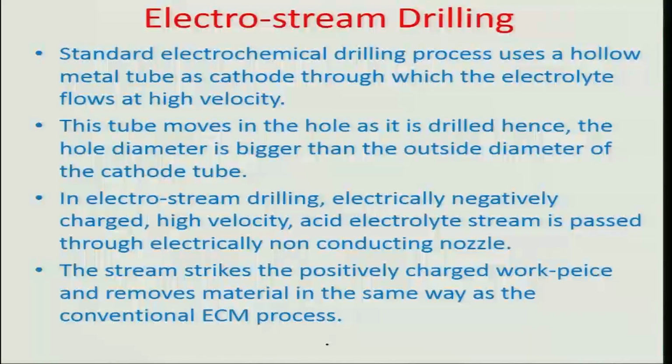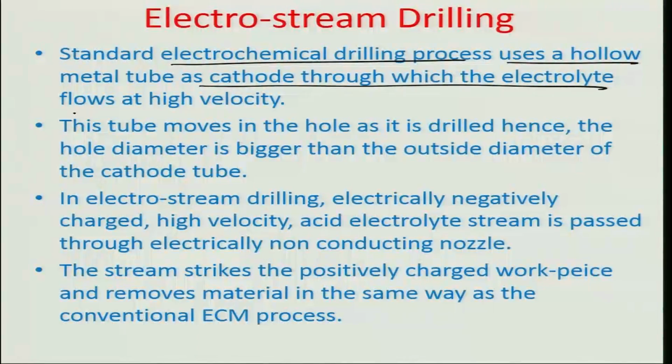We will now turn to a different process, which is electrostream drilling, and in line with that we can talk about a standard electrochemical drilling process that uses a hollow metal tube as cathode through which electrolyte flows at a very high velocity.